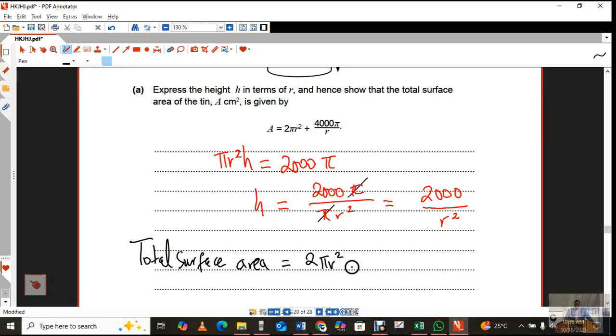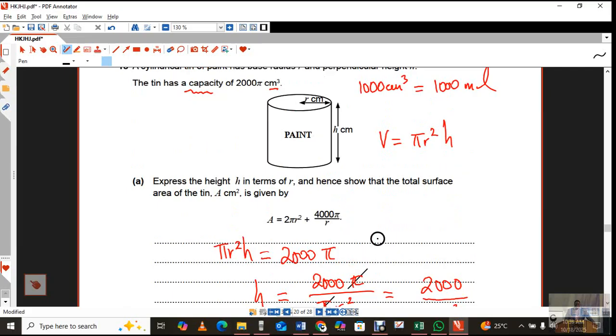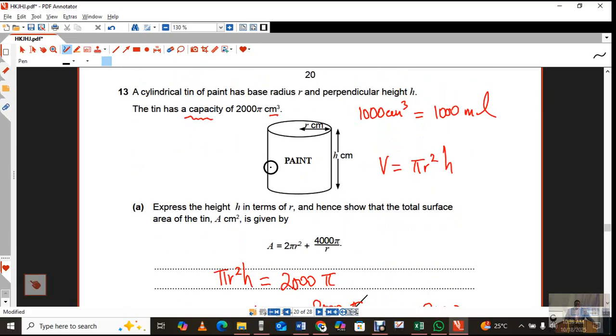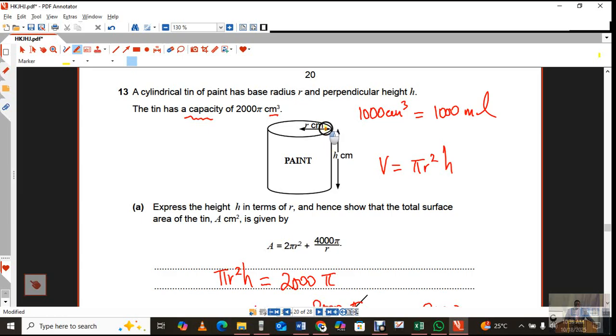That comes from the fact that it's a tin of paint, so it's closed. I'm looking at the area on top, which is a circle, and also the area at the bottom, which is another circle, because we're looking at the total surface area.